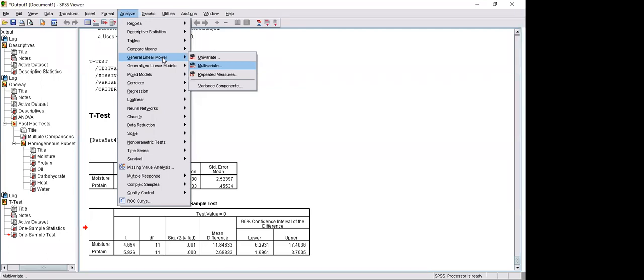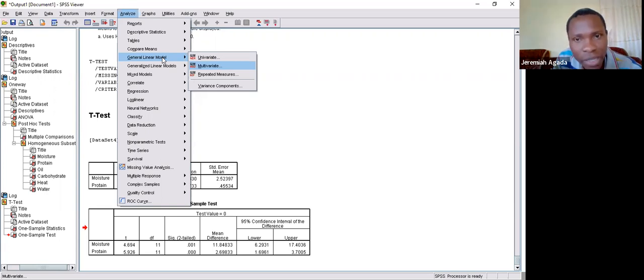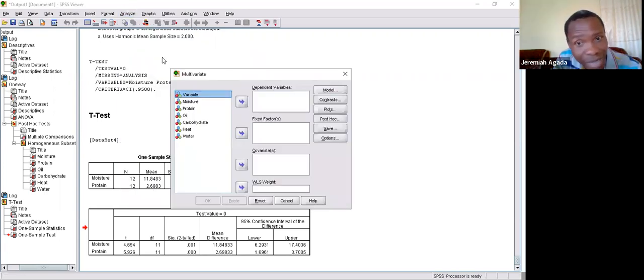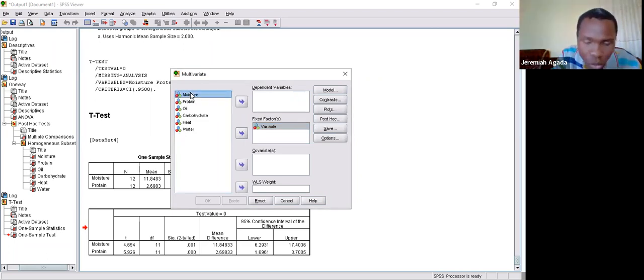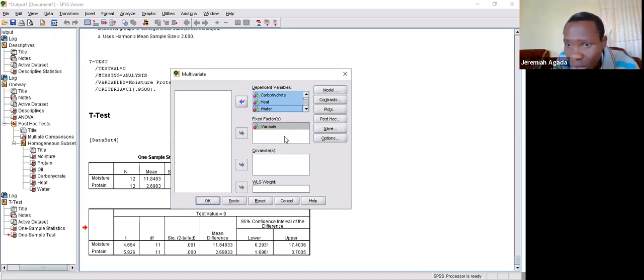If I touch multivariate analysis, I am trying to do a grand comparison of the variables that I have. So my fixed factor is my variable, I'm going to put it here. Then all the dependent variables are these ones, I'll send them here.